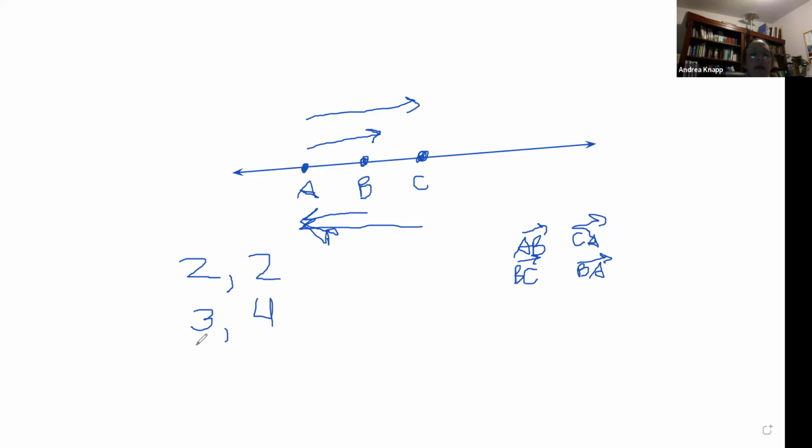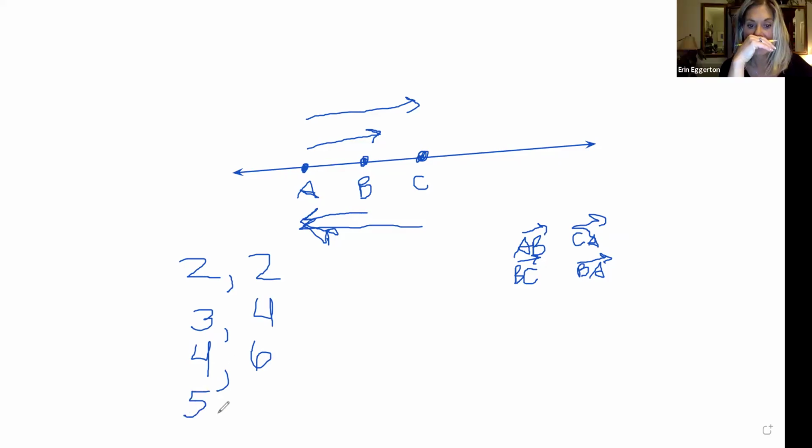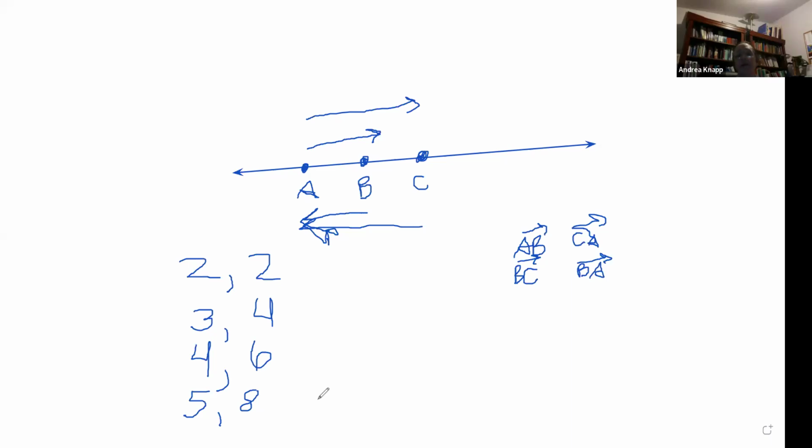Okay, now in class, we did 4 and it came out to 6. And we also did 5, which came out to 8. So in figuring out this pattern, you can look at the geometry of it and see you have to go right and you have to go left.